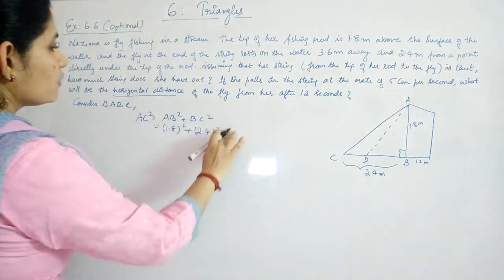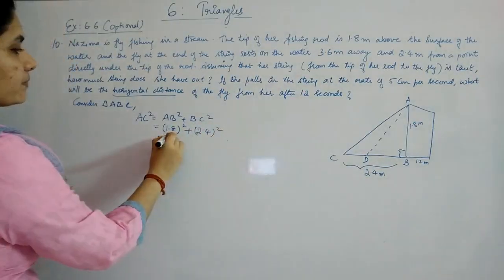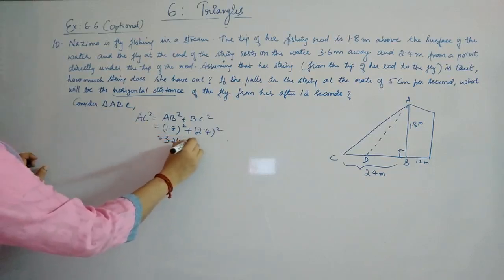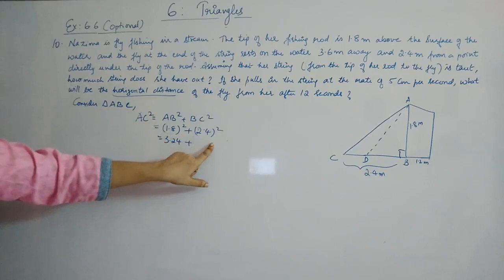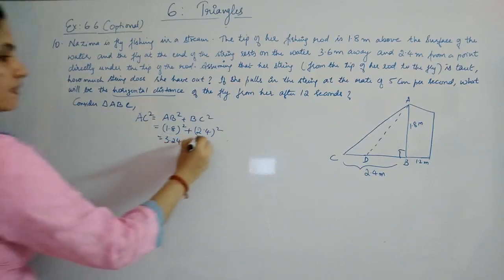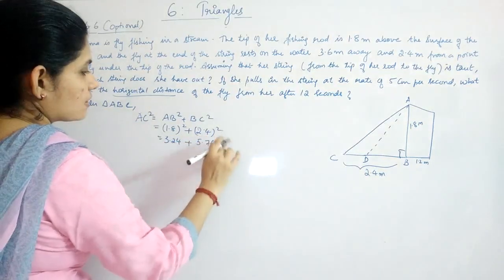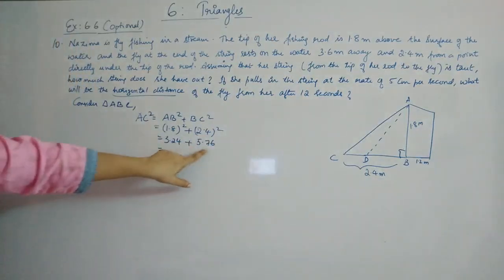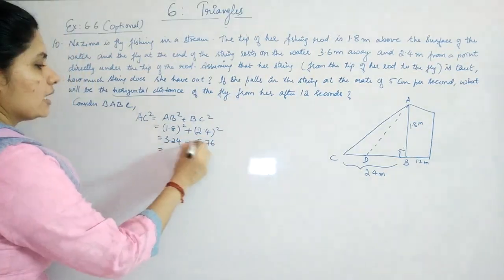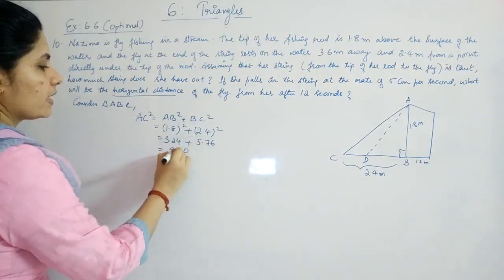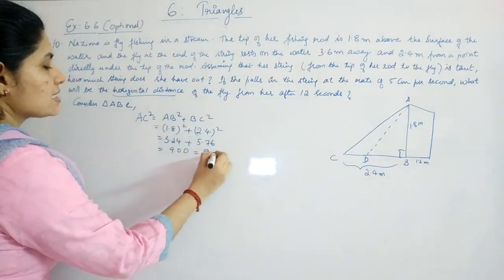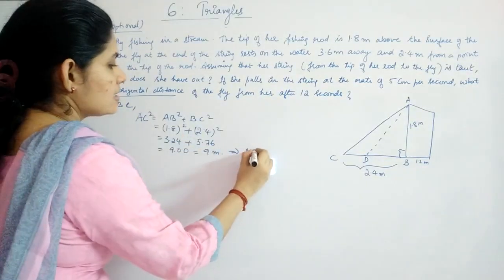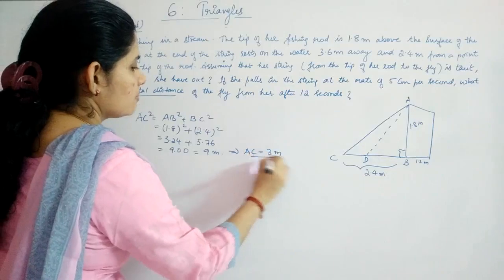This will give you 18 square is 324, so this will be 3.24, plus 24 square is 576, so it is 5.76. Adding, you are having AC square as 9 meters, or you can say AC is equal to 3 meters.